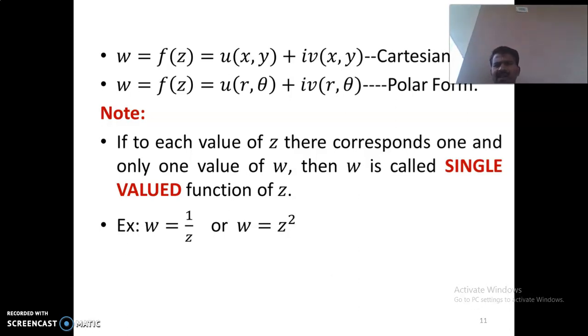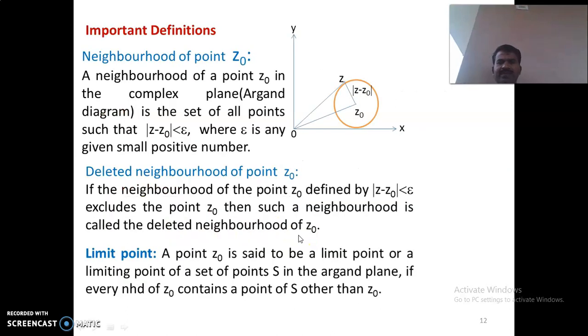So we call it a single valued function of z. For example, w equal to 1 over z or w equal to z square.